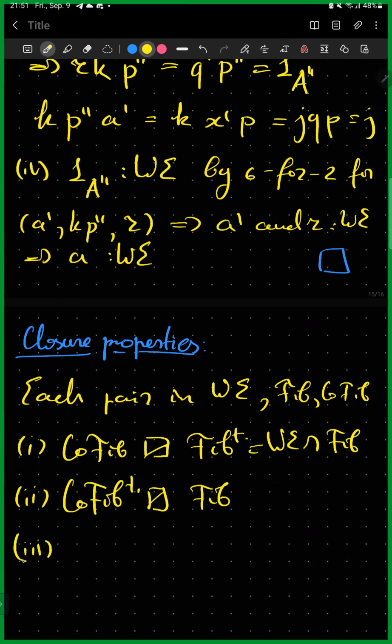Finally, weak equivalences are defined by, so actually, we can recover, for example, trivial fibrations by taking all the maps that have the right lifting property with respect to cofibrations. And we similarly recover trivial cofibrations by taking all the maps that have the left lifting property with respect to all fibrations. So weak equivalences in this context can be recovered by taking compositions of all trivial fibrations and trivial cofibrations.